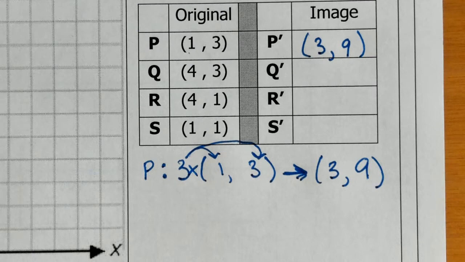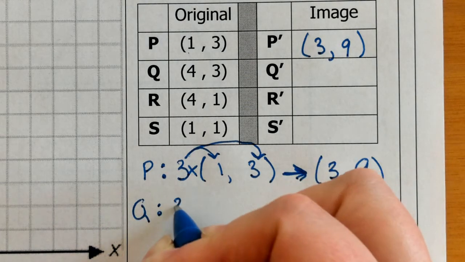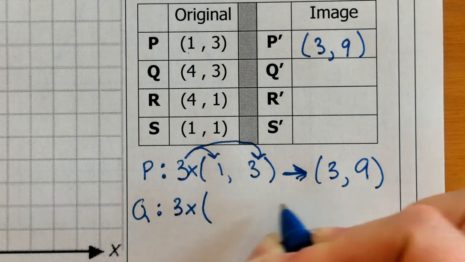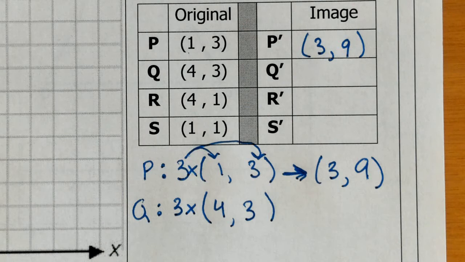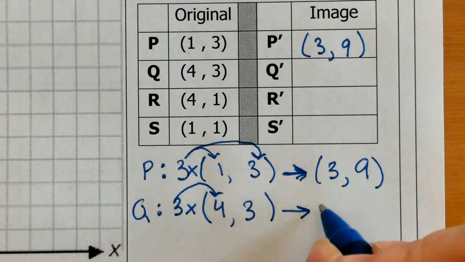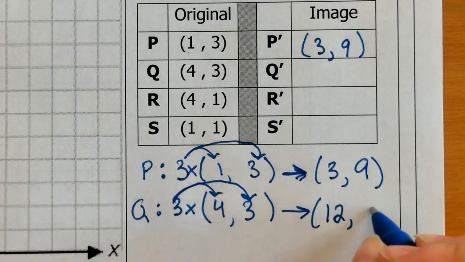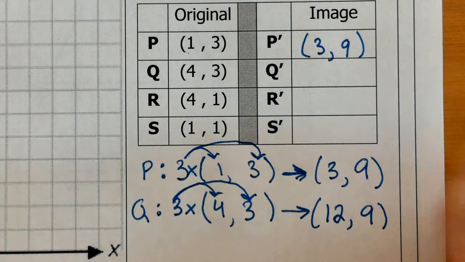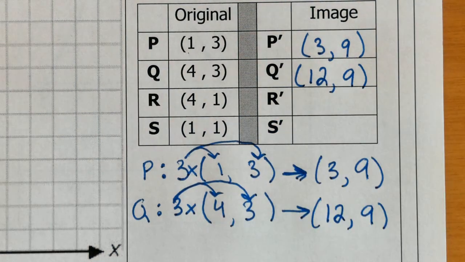And so I'll show you one more with point Q. Again, our scale factor is 3, so we're going to be multiplying both the x value and the y value of that coordinate point by 3. So 3 times 4 is 12. 3 times 3 is 9. So Q is going to be 12, 9.